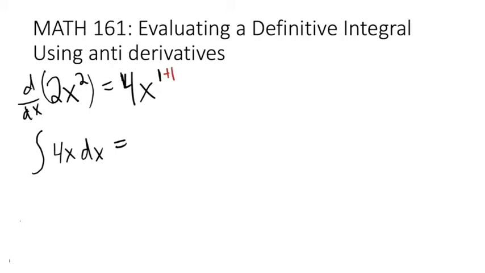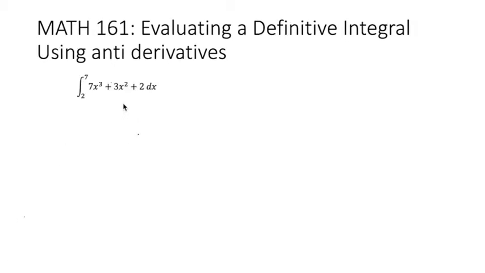And instead of multiplying by the original exponent, we're going to divide by the new one. So the new exponent's 2, so we're going to divide by that. So our integral of 4x dx is going to come out to be 2x squared, which is what we took it from. So all an antiderivative is the backwards derivative.